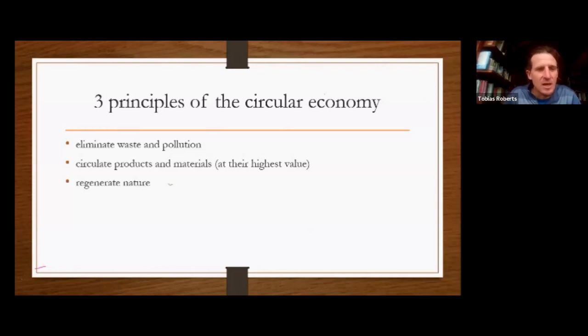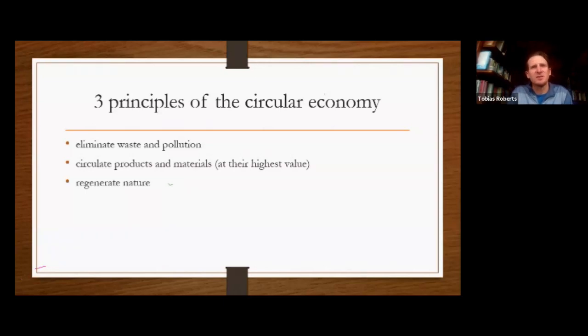Secondly, a second principle is we need to circulate products and materials at their highest value. And that's important. The highest value part, one of the problems with, for example, cheap plastics, really, really thin plastics, is that they're essentially valueless. And within the last 10 years, it's become essentially economically impossible to recycle plastic.